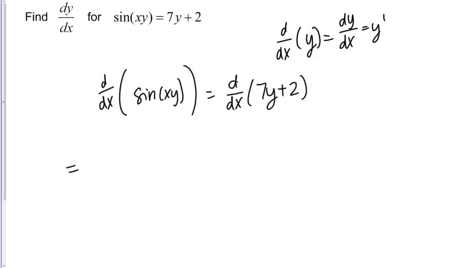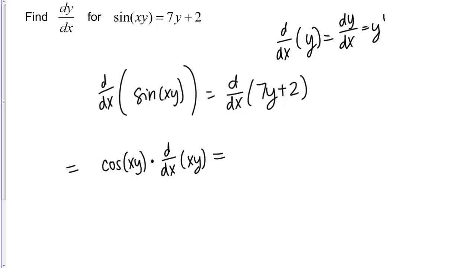The chain rule tells us we start by taking the derivative of the outer function. The derivative of sine is cosine, and we keep the inner function inside. But then we multiply by the derivative of the inner function. In this case, that's the derivative of xy, and we'll work on that more in a second.